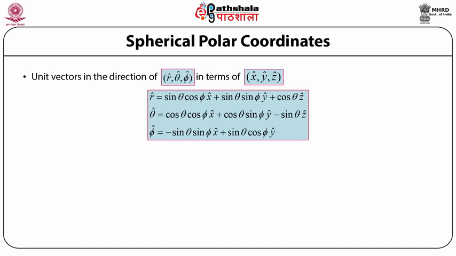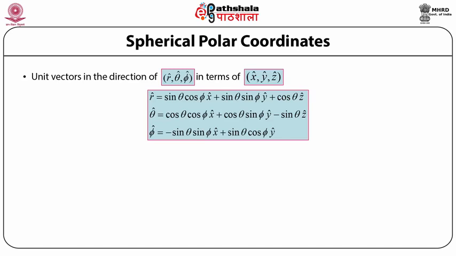Unit vector theta is equal to cos of theta times cos of phi times unit vector x plus cos of theta times sine of phi times unit vector y minus sine of theta times unit vector z. And unit vector phi is given by the relation minus sine of phi times unit vector x plus cos of phi times unit vector y.